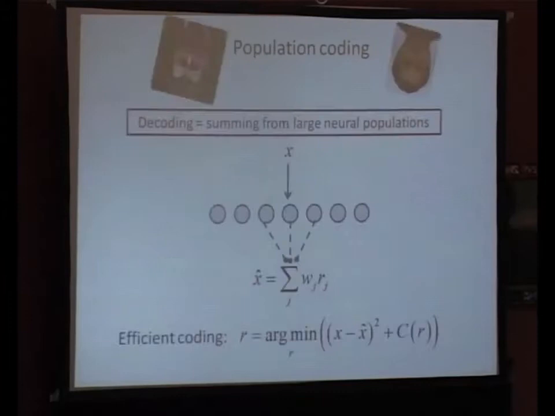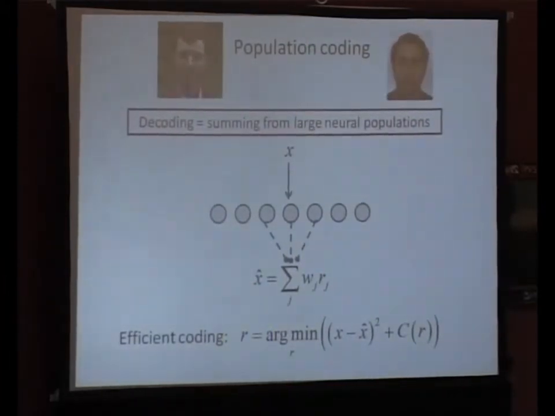Right. What we do here is we kind of turn the story on its head. These are, by the way, the student and postdoc that did the work, David Barrett and Ralph. Rather than starting from the observations about the variability of spike trains and seeing what that implies for neural coding, we start from the decoding.